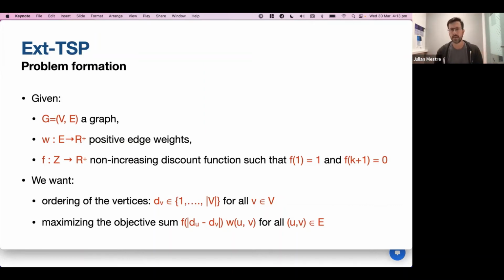And using some machine learning, they tuned this discount factor, and they show that a good model is just to have a linear discount factor. So to interpolate linearly from 1 to 0. Yeah, and then you pick the best K using some machine learning, basically, the one that gives you the best performance of your model.